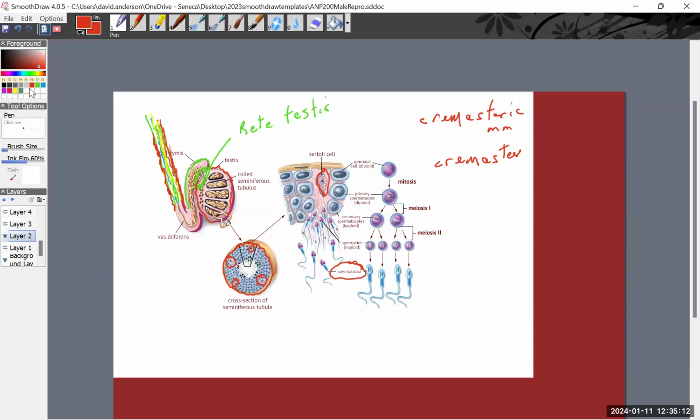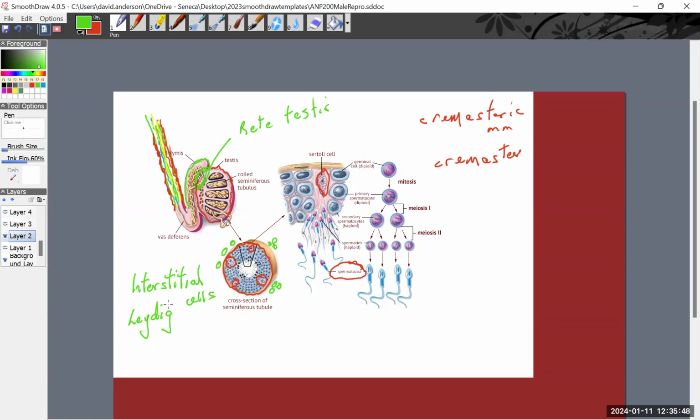Now, what we don't see in this picture, and what's another important cell to recognize, is that between the seminiferous tubules, there are some cells that are called interstitial cells because they're between, interstitial. And they were first identified by a guy named Leydig.